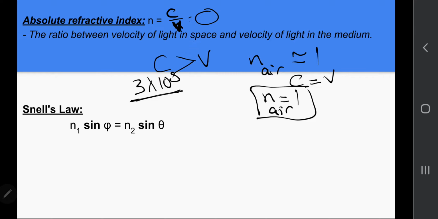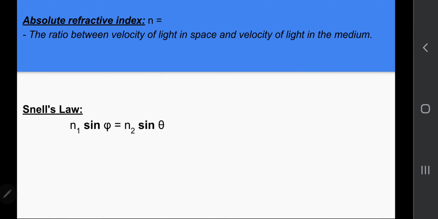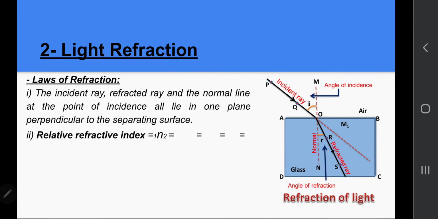Okay? So when we calculate the absolute refractive index for two media the light travels through, the relative refractive index N1,2 equals N2 over N1. N2 is the absolute refractive index of the second medium, and N1 is the absolute refractive index of the first medium.